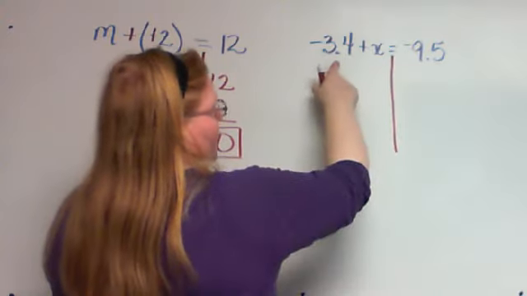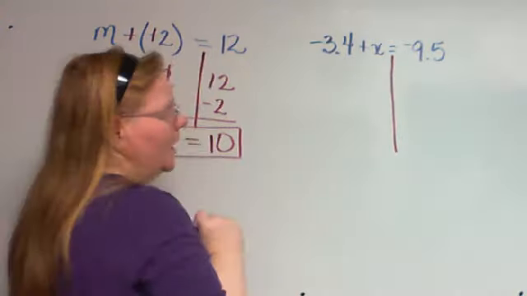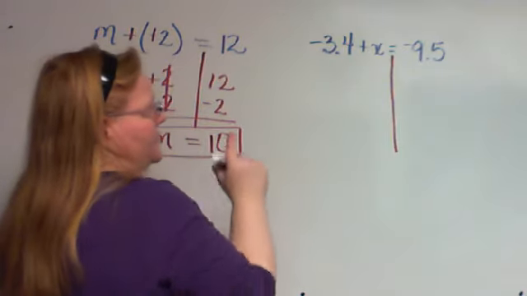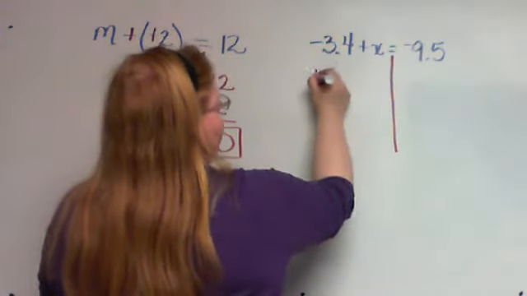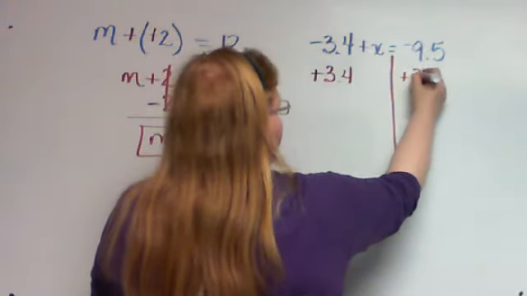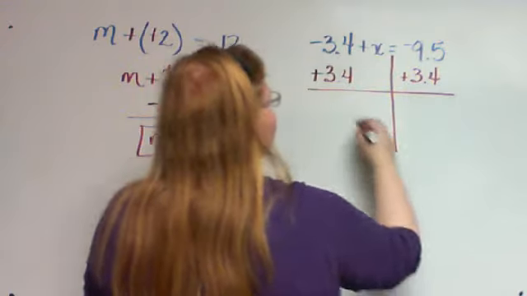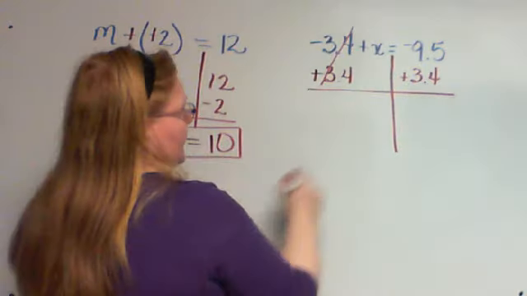So if I have to move my negative 3.4, that means I'm going to have to do the opposite. And the opposite of negative 3.4 is a positive 3.4. So I need to add 3.4 to both sides. That makes that side cancel out.